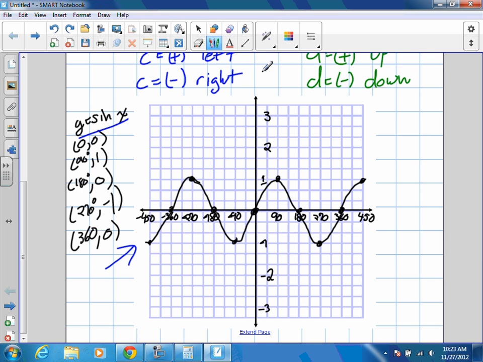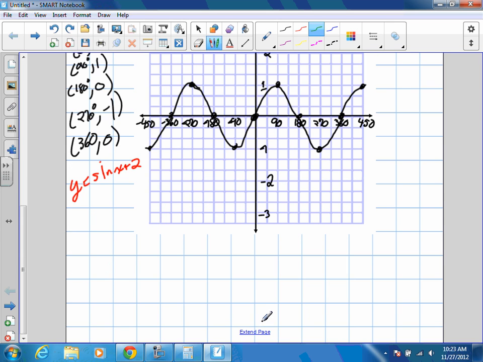So, we're going to put in 2 other ones here. Let's say we had y equal to sine x plus 2. First of all, what is that dealing with? Is that dealing with vertical or horizontal shifts? Okay, let's think of it this way.